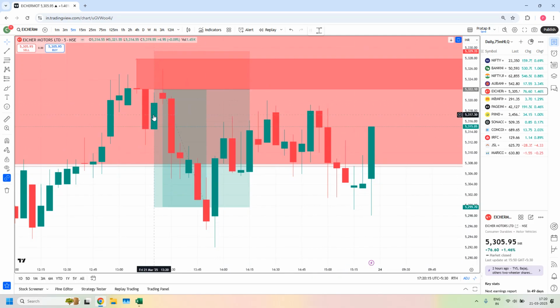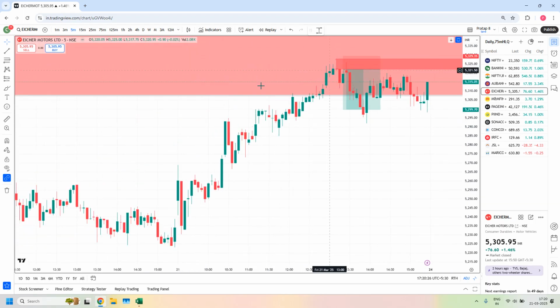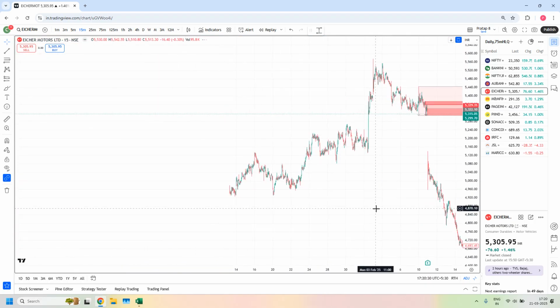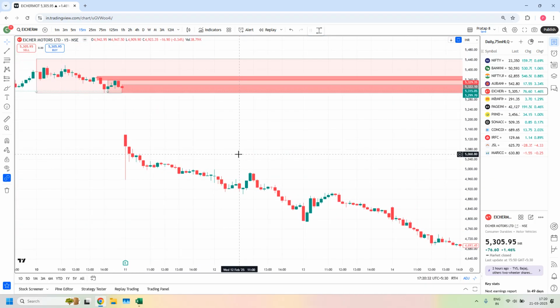But actually it happened, when it gave you the trade at the 1325 candle. Is it a fine-tuned 5-minute zone? Yes. Why? Because this 5-minute zone is inside the 15-minute zone. See, this is the 15-minute zone, drop-based drop.